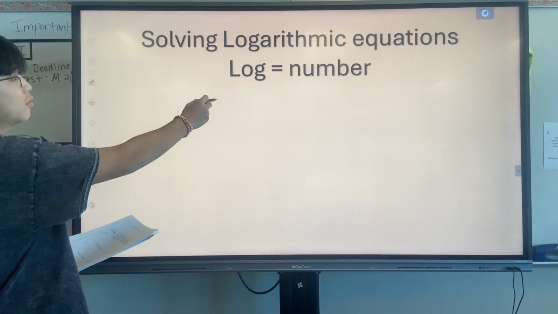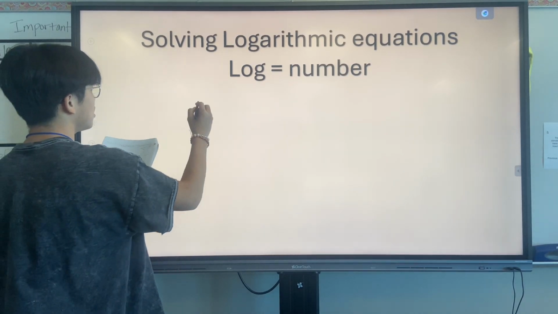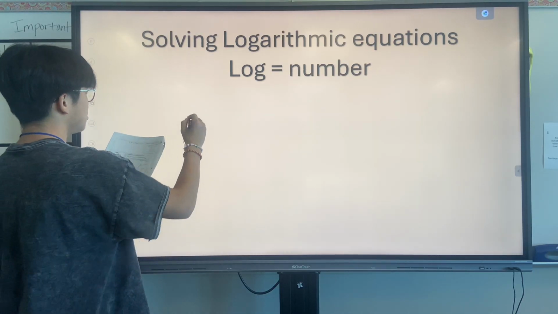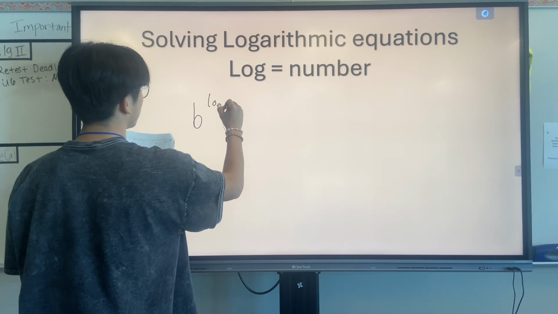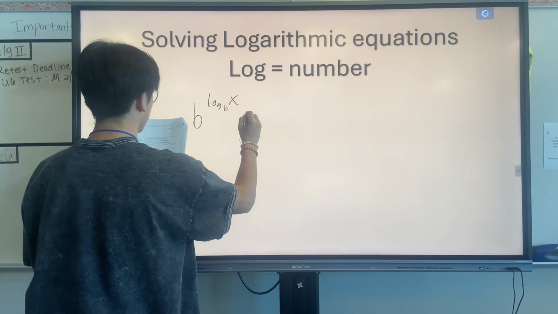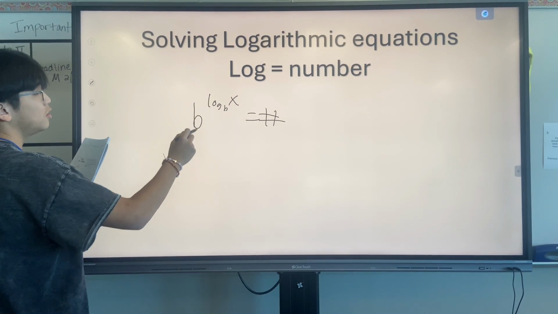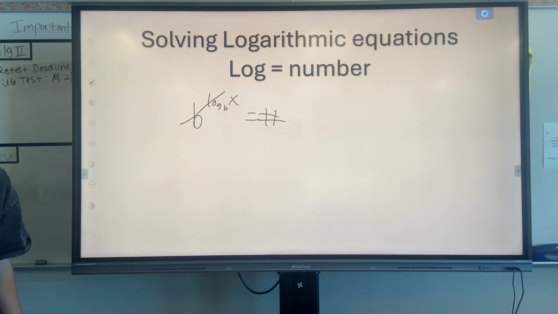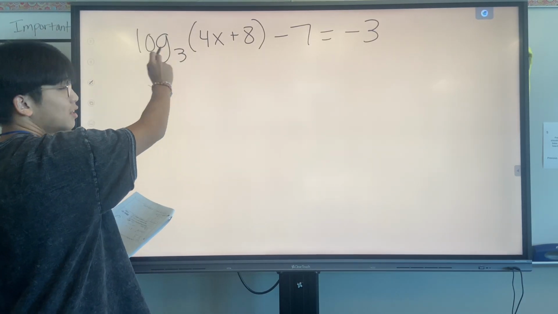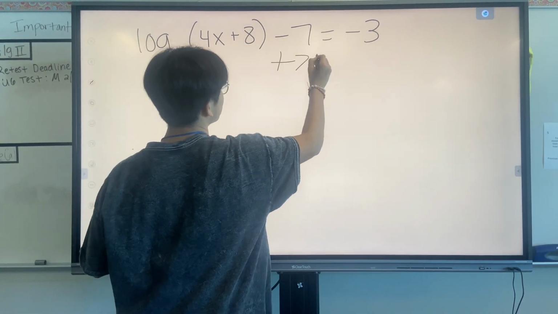For this one, instead of log equaling a log, log equals a number. So instead of using the previous rule that we used, we'll use this one. Y'all remember this? You would first have to isolate the log. So you would add 7 on both sides.